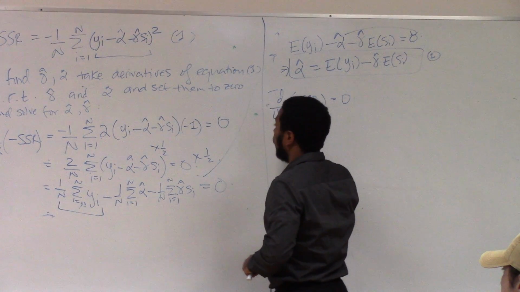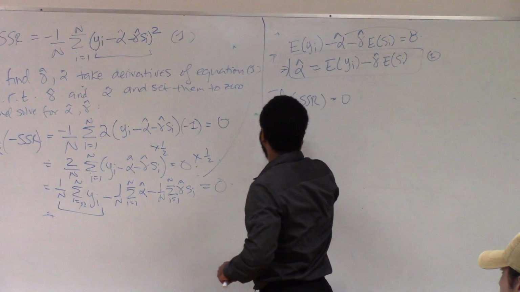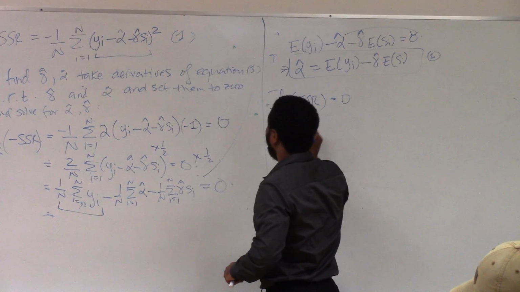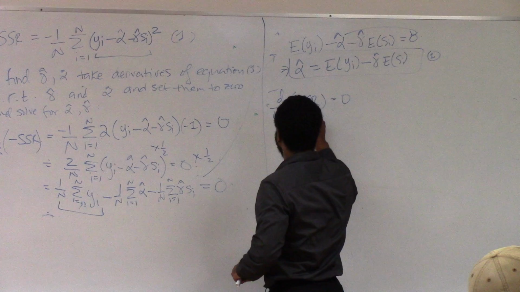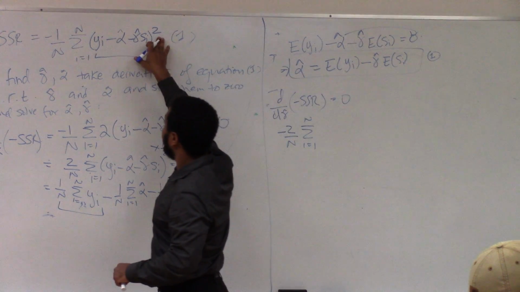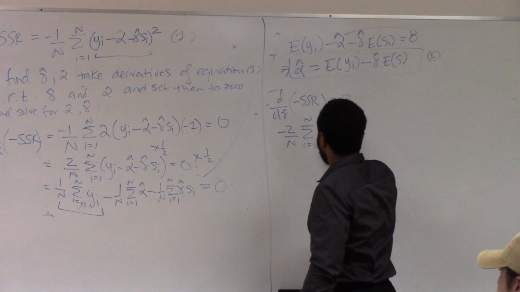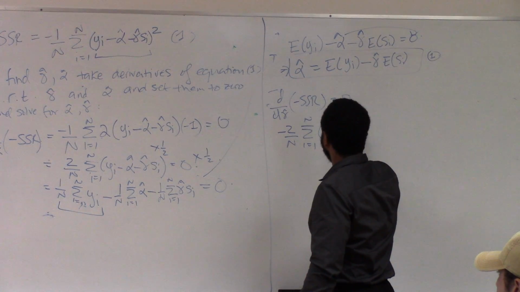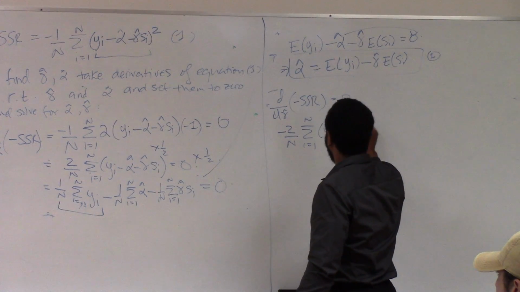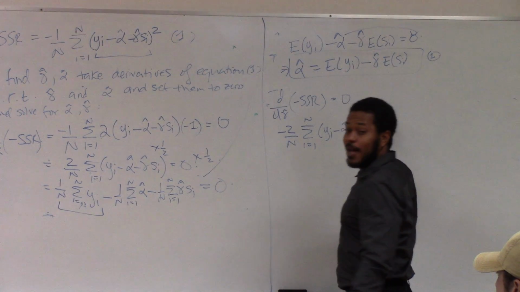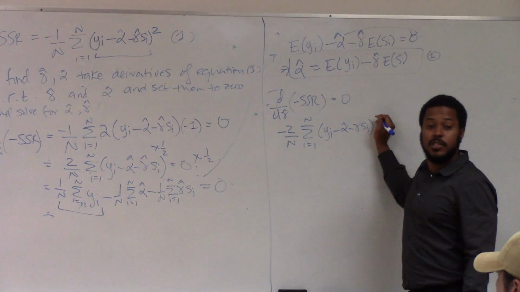So what we're going to end up with, going back up here, is minus 2 over n, the sum from i equals 1 to n. And then, so we've taken down this 2 here, right? And in parentheses, we have yi minus alpha hat minus gamma si raised to the power of 1, right? Everyone sees that?